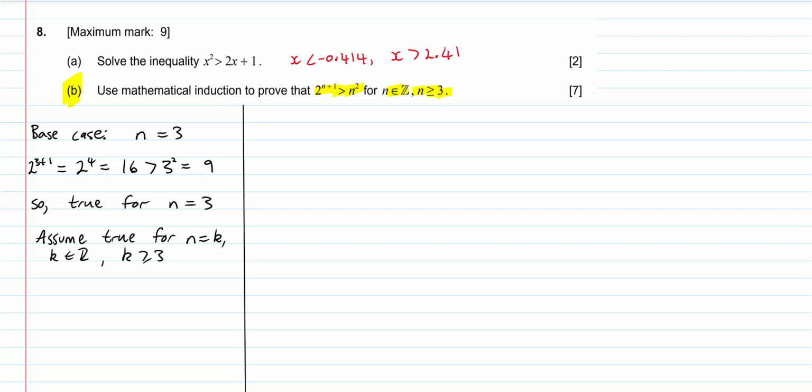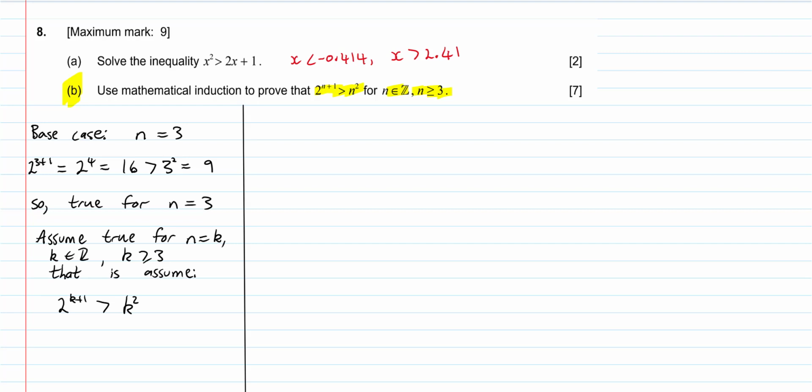So the statement that we're assuming is true is 2 to the power of k plus 1 is greater than k squared. So I'll make that clear also. So we go, that is, assume that 2 to the power of k plus 1 is greater than k squared.